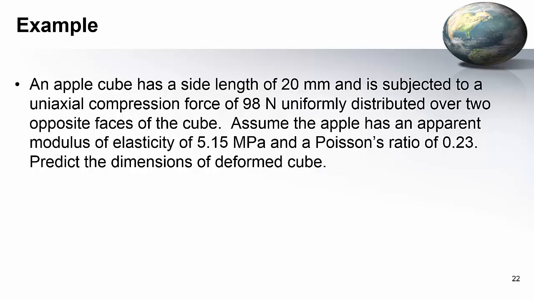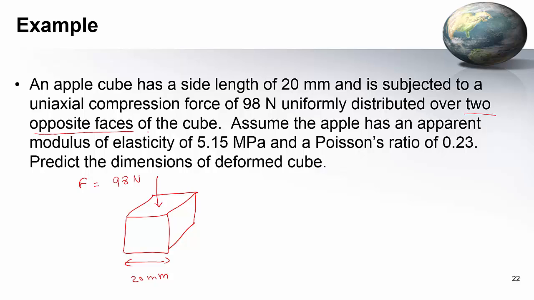Okay. An apple cube, so let's take a cube of a side of 20 millimeters and is subjected to the uniaxial compression force of 28 newtons. It's distributed over two opposite faces of the cube.